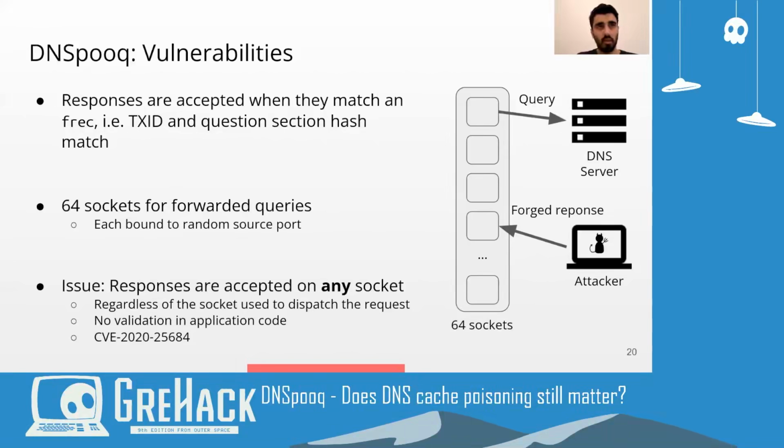This is a problem because as an attacker, we only need to guess one of the 64 destination ports. So this reduces the entropy that the attacker needs to guess.